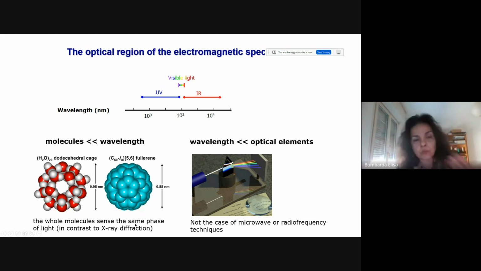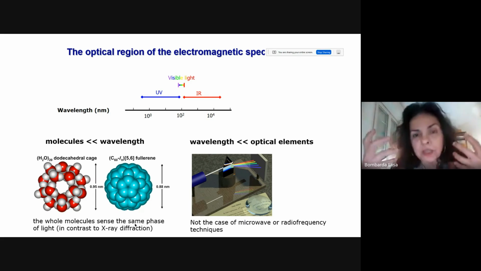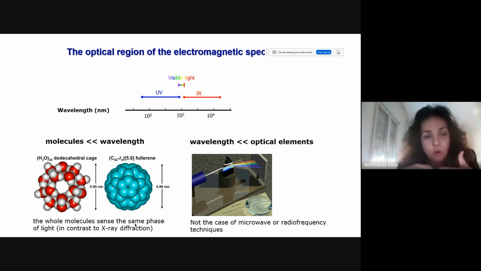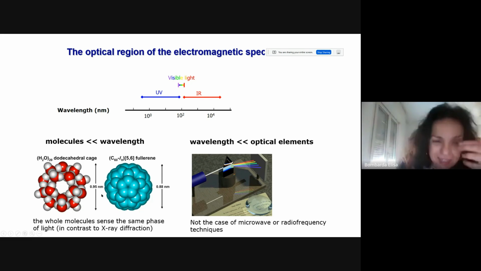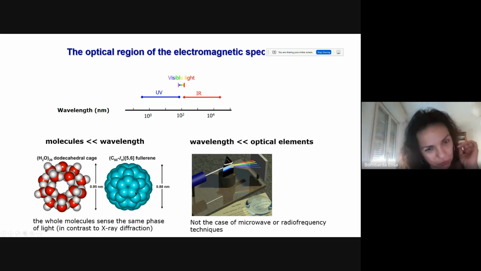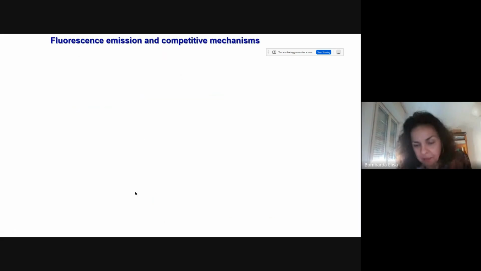Of course, I don't want to say that fluorescence is better than X-ray. Simply, we get different information out of it. For a comprehensive understanding of a system, several techniques need to be used. But let's be happy about fluorescence now.